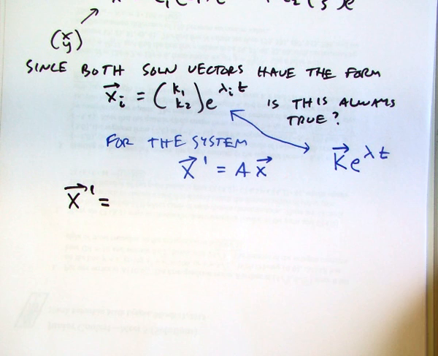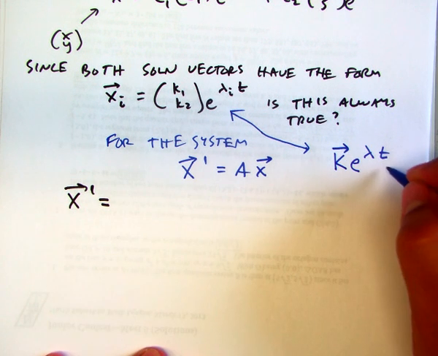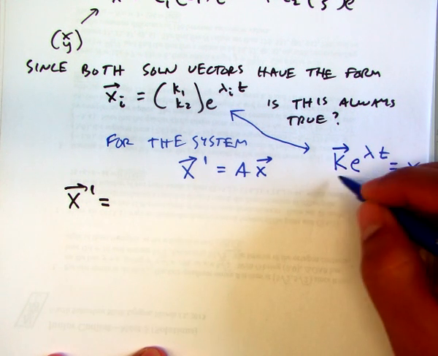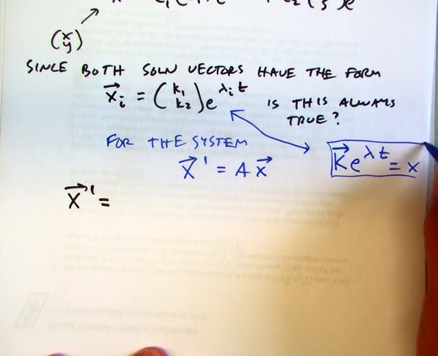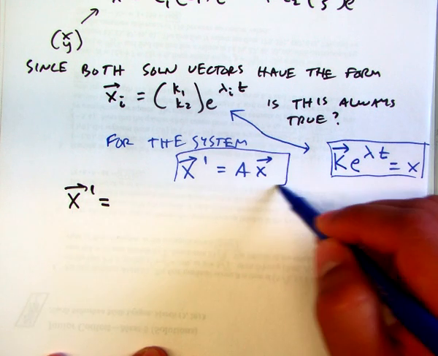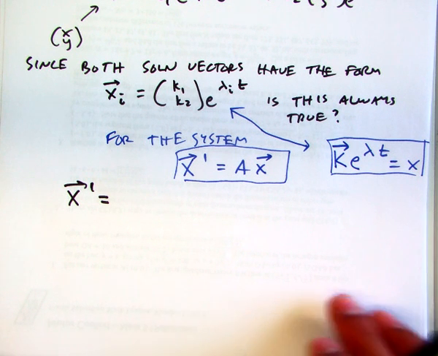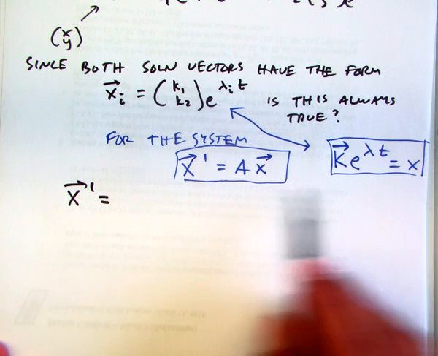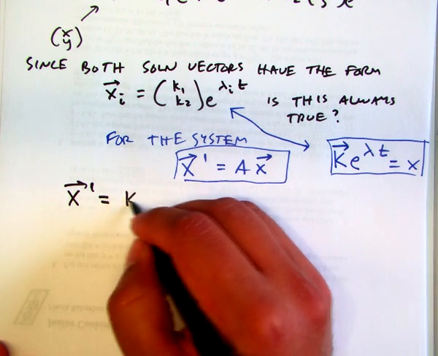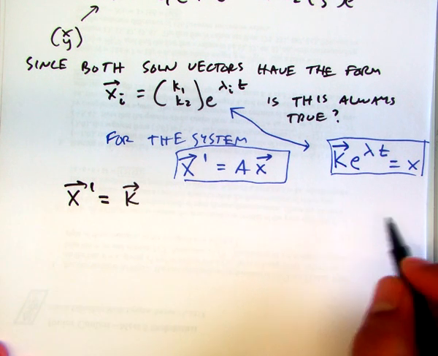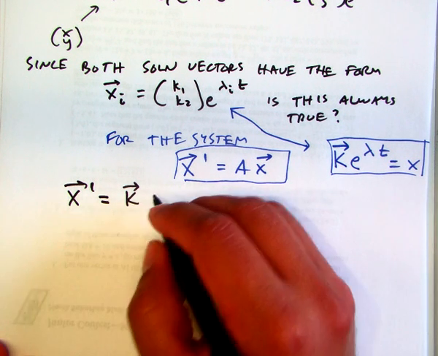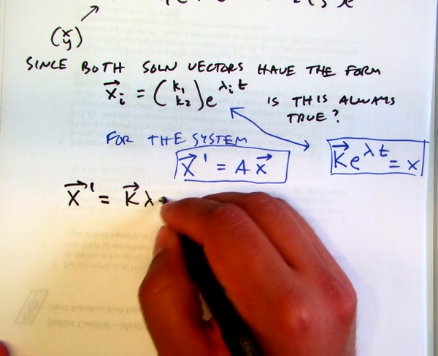Okay, so if this is the general form for x, and this is the system that we're starting with, we'll go ahead and take the derivative of x and see if we can arrive at some conclusions here. So the derivative of x will be that same column vector k times lambda times e^(lambda t).